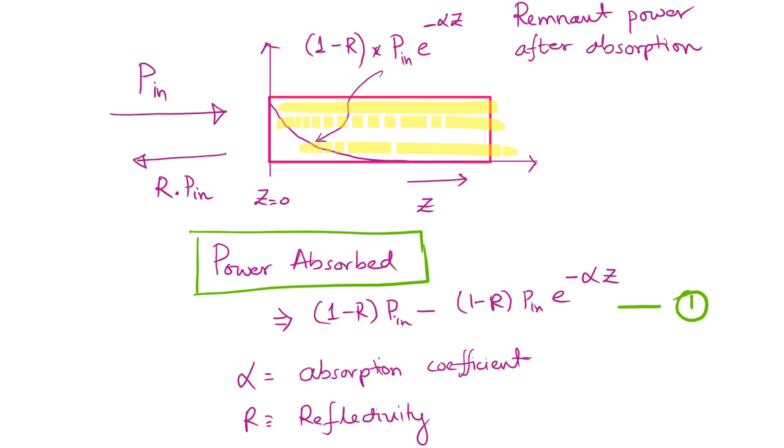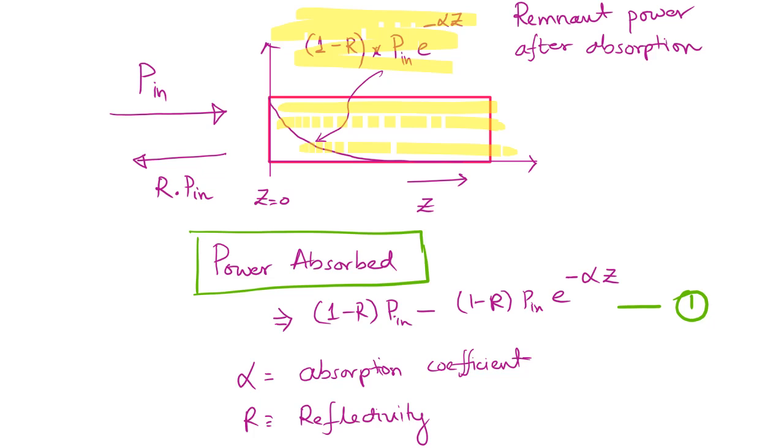What actually goes into the detector at z equal to 0 is basically (1 minus R) times P in. And this power gets exponentially absorbed as the signal propagates through the detector. This quantity which I've indicated here is basically the remnant power after absorption.